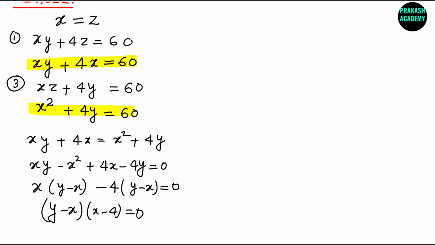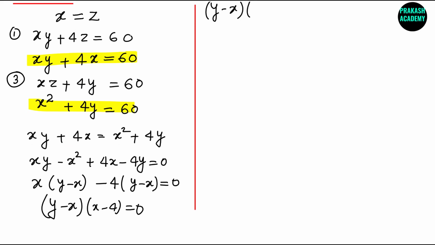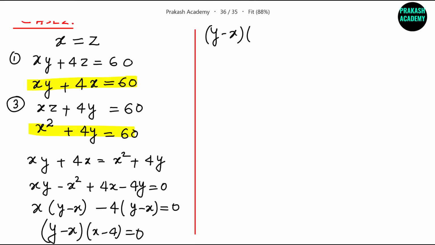Once again, there are two possibilities in this case. One possibility is y = x, another possibility is x = 4.